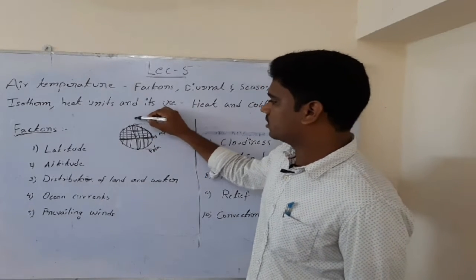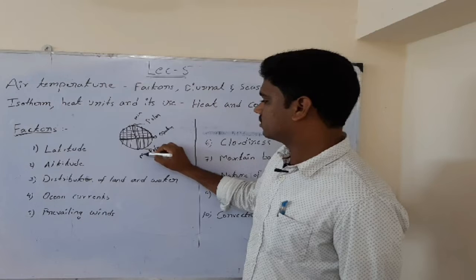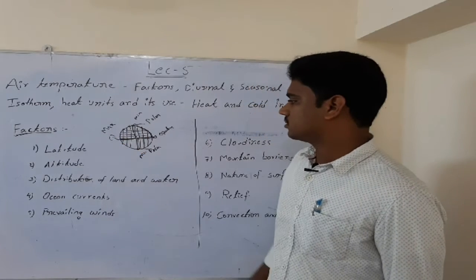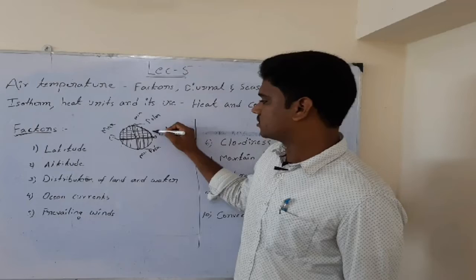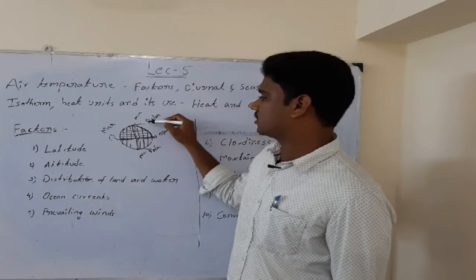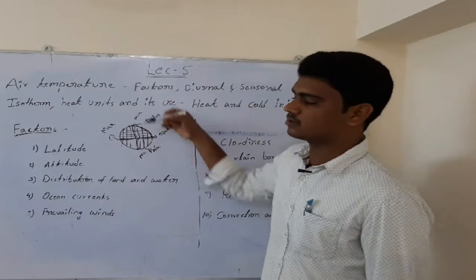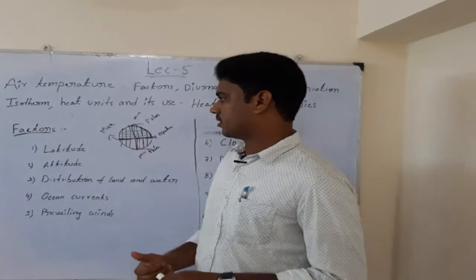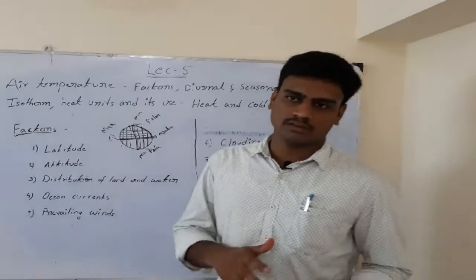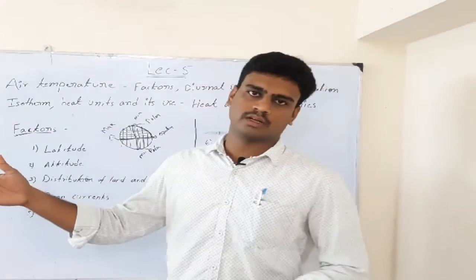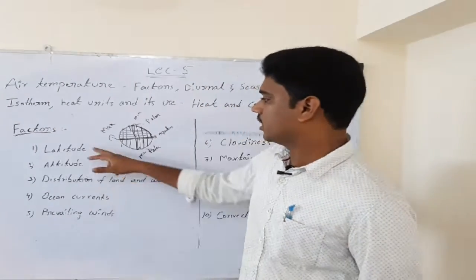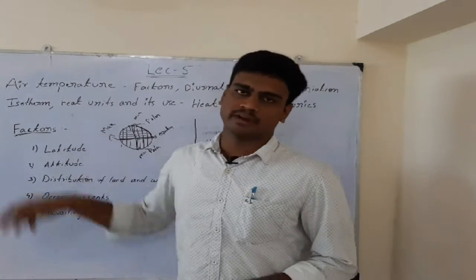So at the polar region minimum temperature will be there, and at the equator maximum temperature will be there. So from the equator, as you go to tropical, subtropical, temperate and polar regions, the temperature will fall. So in air temperature also, as we go to the polar side, the temperature will fall. So latitude also plays a role in air temperature.